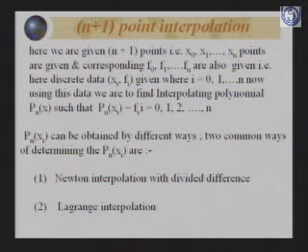So (xi, fi) is the discrete data, and you are supposed to find the values in between this discrete set of data. So we use the concept of interpolation, and the polynomial fitted in between this data is the interpolating polynomial, which is P_n(x).